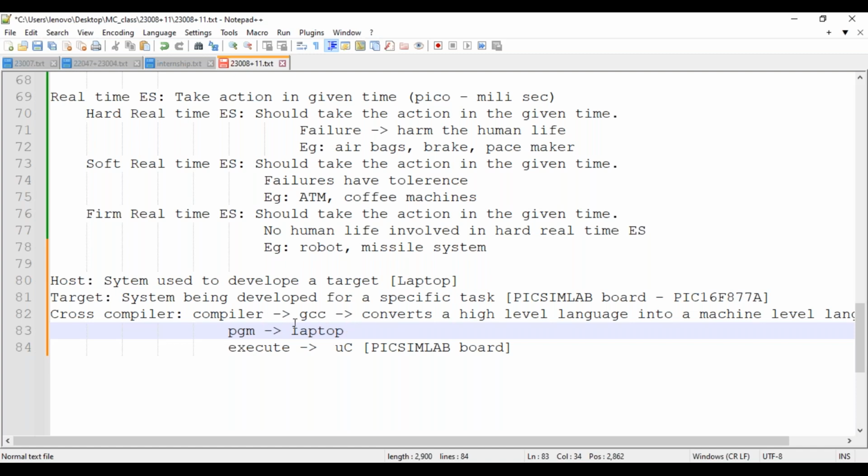So the architecture on which you wrote the program was the same as the architecture on which you executed it. Both writing and execution happened on a laptop itself, so you just required a compiler. Now you are writing your program on your laptop and executing it on a separate microcontroller.